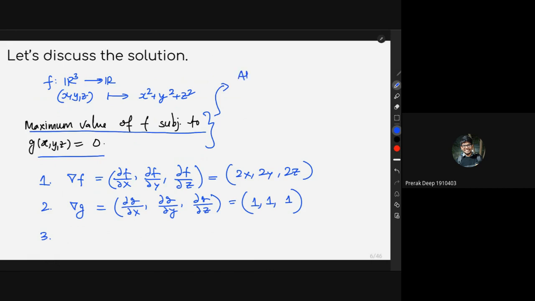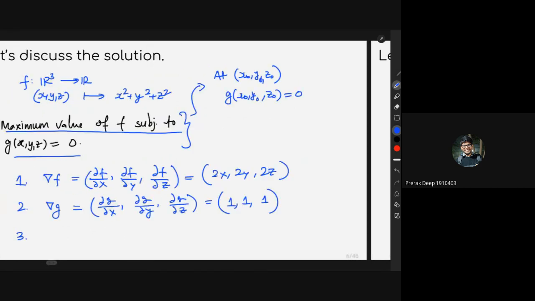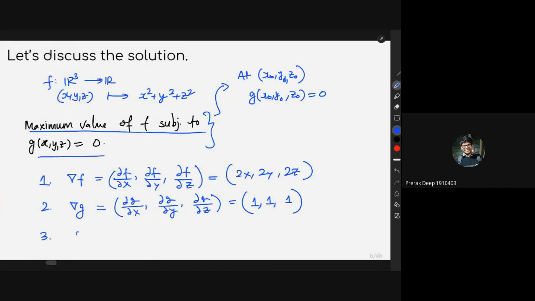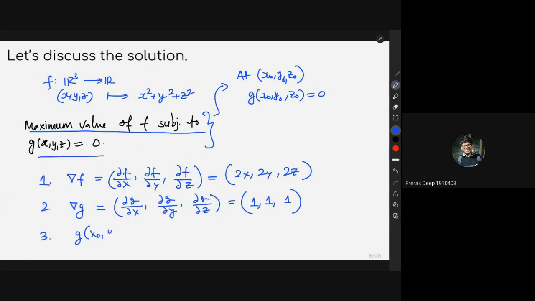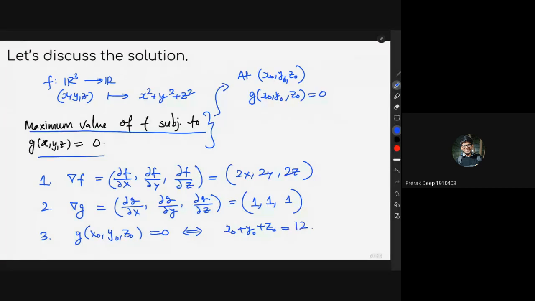Let's say it is attained at x naught, y naught, z naught. Then this point needs to satisfy this constraint because it is part of the equation of the plane. So that's our third condition, which is equivalent to saying that x naught plus y naught plus z naught is equal to 12.